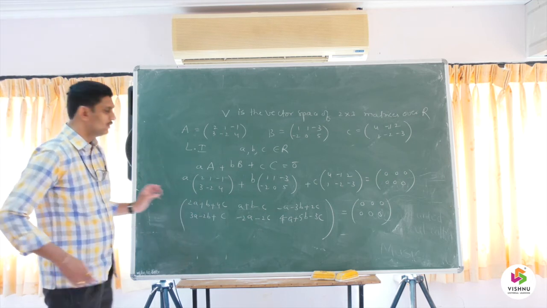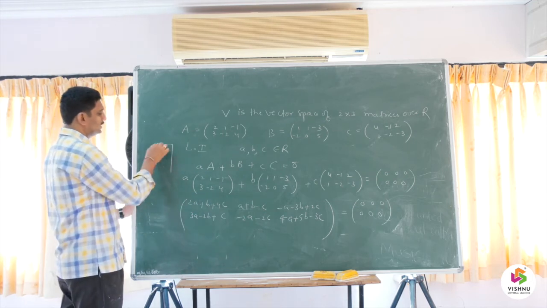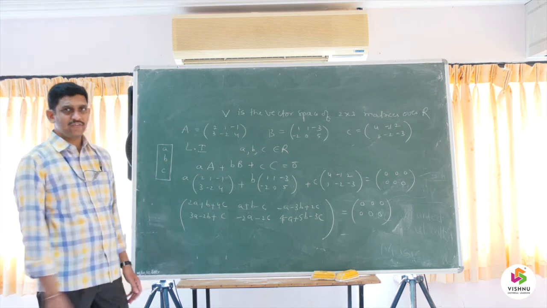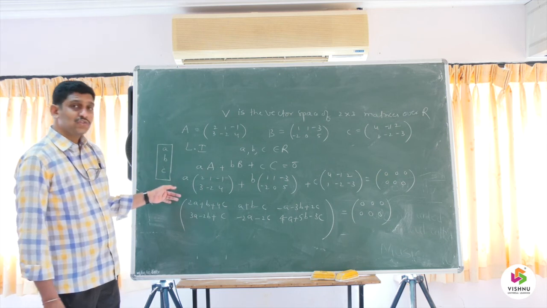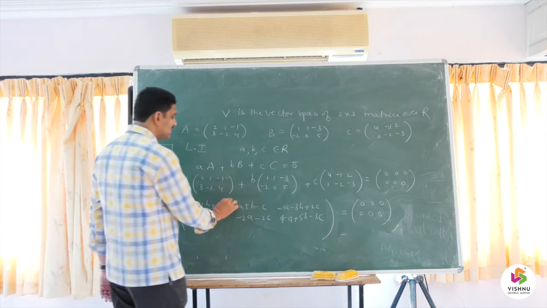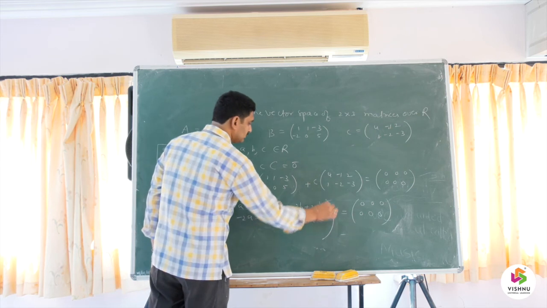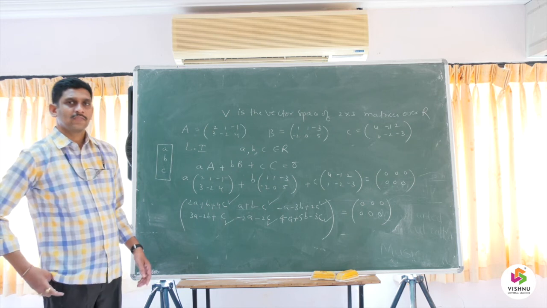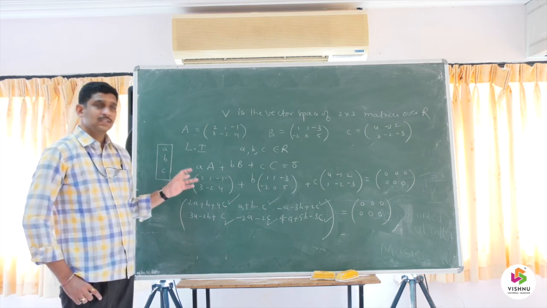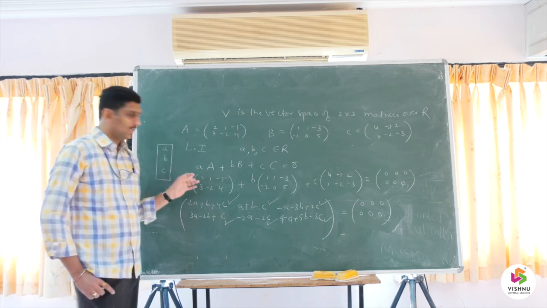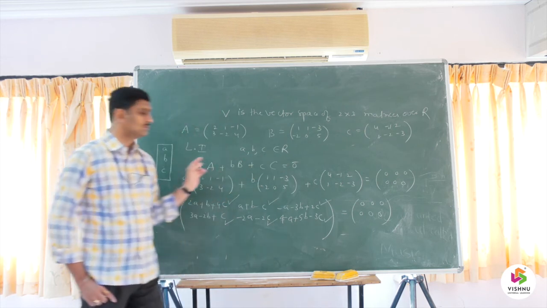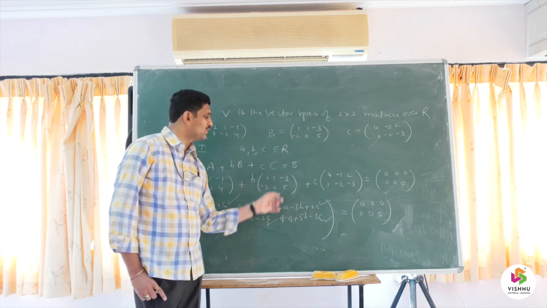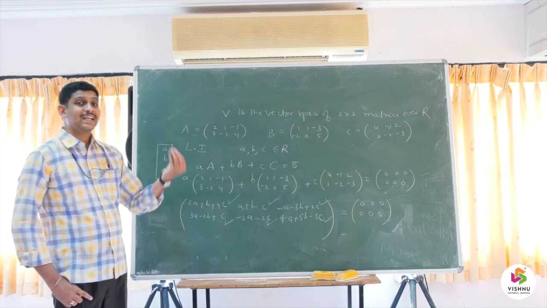So what does it mean? We need to select the values of a, b, c in such a way that they satisfy all the 6 equations. So I need to select the scalars a, b, c in the linear combination in such a way that all the 6 equations are satisfied by the values selected by me.